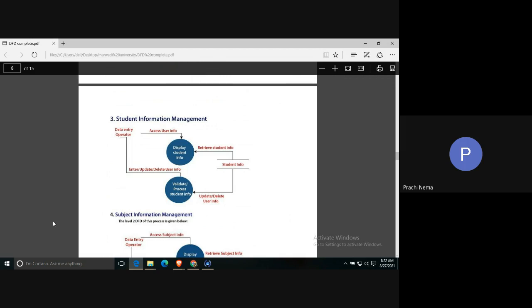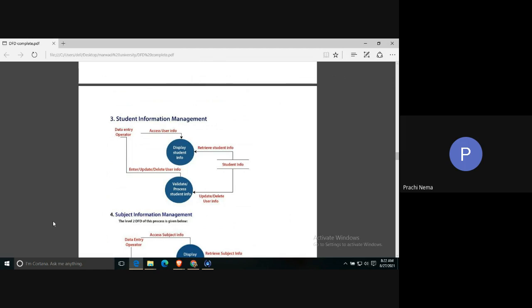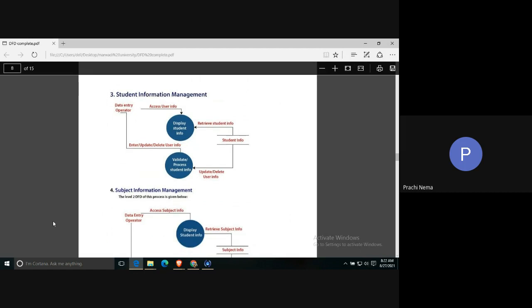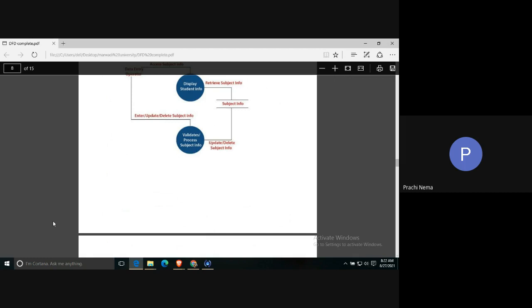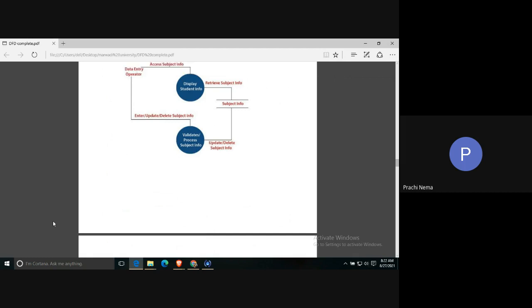Because they could not draw that diagram all together. So they split it into parts, then drew the diagram, and now we can combine them back. This is another way you can do it, because level 2 will contain lots of information, more details than even level 1 DFD.